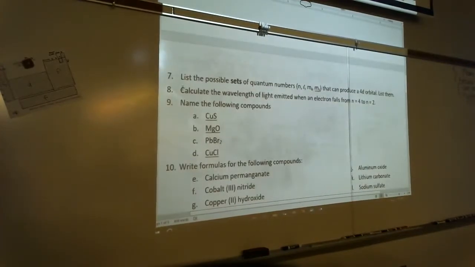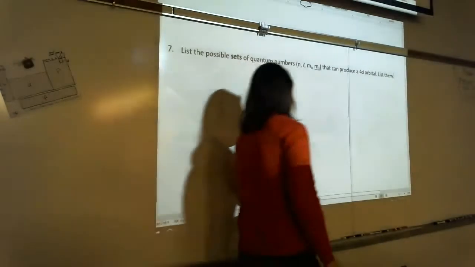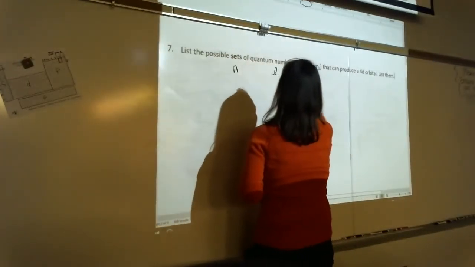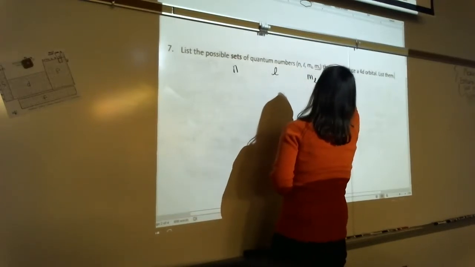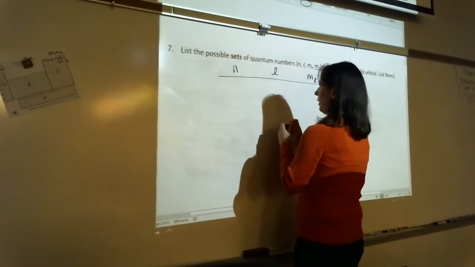List the possible values of m sub S. Let's just give ourselves a new page here. Produce a 4D orbital. All right. n, L, m sub L, m sub S. Let's refresh our memory.